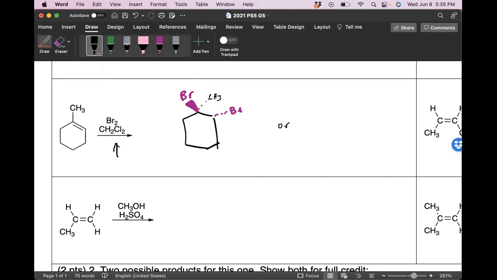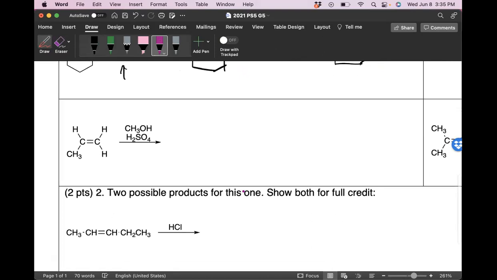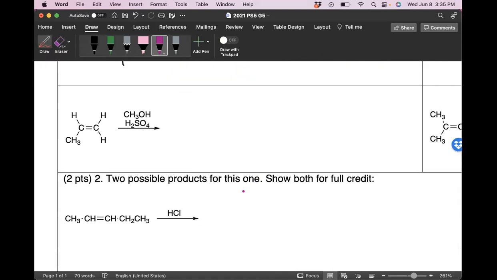Anti-addition. Another thing we can accept, if you pancake flip it, we would be able to accept this. And it's the same thing.